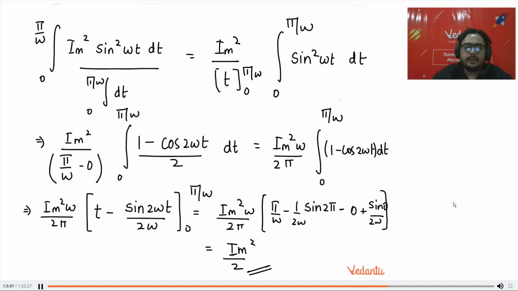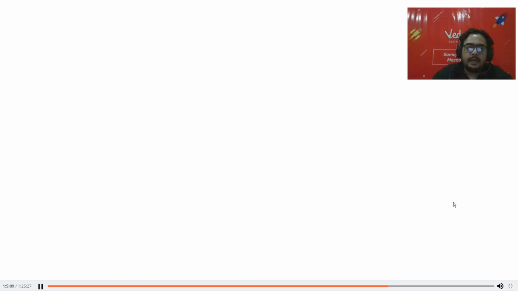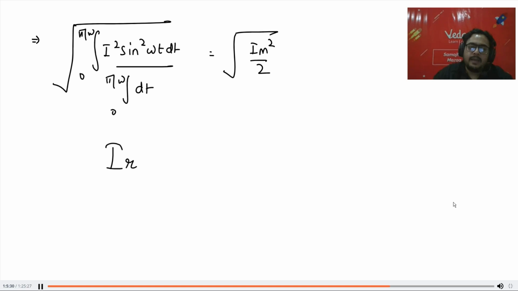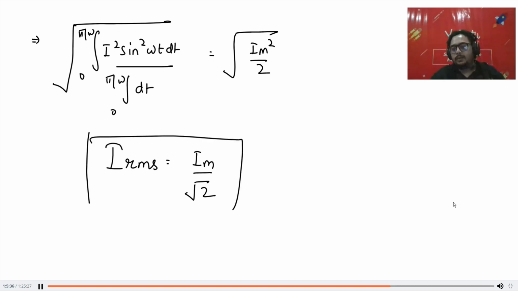So finally I will write under root of integration of I square sine square omega t dt upon integration of dt from 0 to pi by omega is under root of Im square by 2. And finally you get the result IRMS is Im by root 2. A very cute result, a very simple result you get, Im by root 2. This is the value that you have to remember.